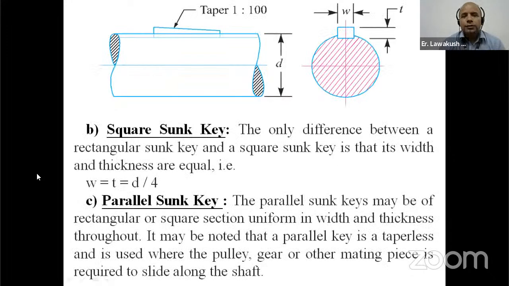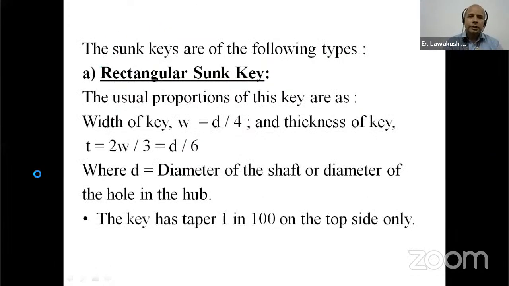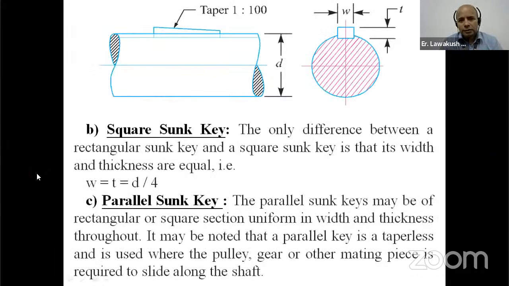Now a figure of the rectangular sunk key is shown on the screen. See here, this is the shaft having diameter small d. This is the side view of the shaft along with the assembly of the key. This is the particular key, and this is the front view after assembly of shaft and key.